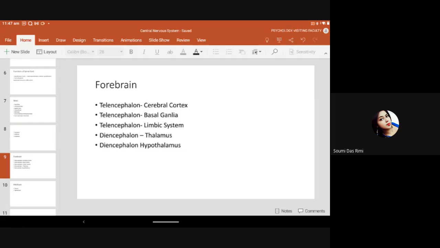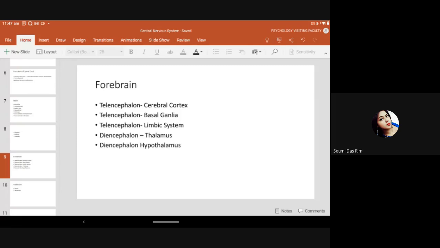Next comes the limbic system, another part of this telencephalon, which is a very, very important part of this forebrain. Limbic means the ring-like structure. So it is known as the limbic system, which makes a border around the corpus callosum and connects the left hemisphere of the brain with the right hemisphere.